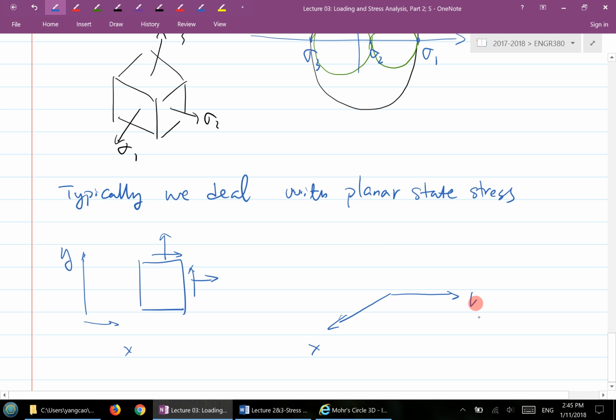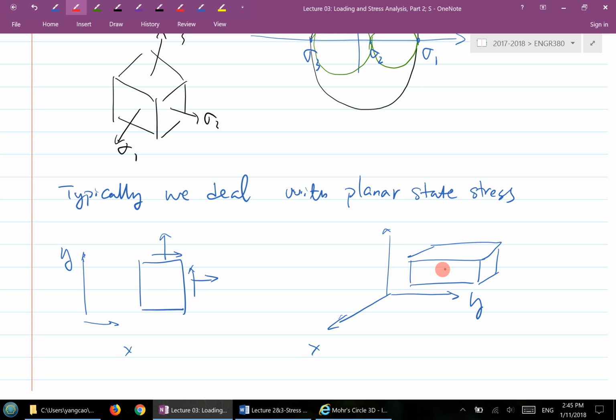So here is still your x and y, right? Now you're going to have to draw a stress element, but it's a 3D stress element. So here's your xy plane. If you look from the top, that should be what you see here.